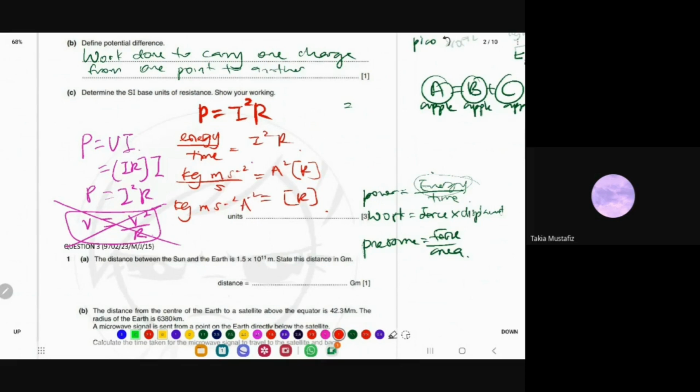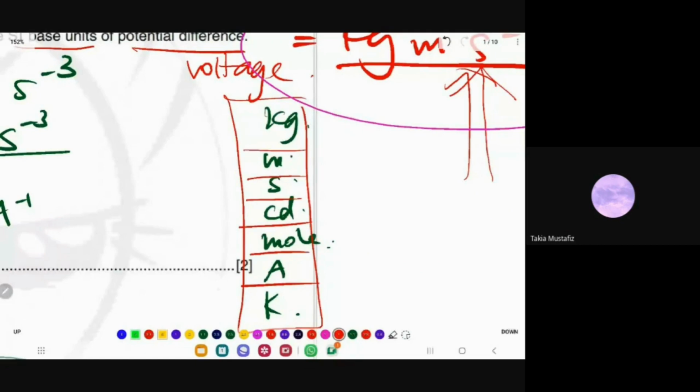Are you guys still alive? Yeah. Yes. Look here, okay? I already told you there's only 7 base units, and both are not found in here. My brain wasn't working for a while.